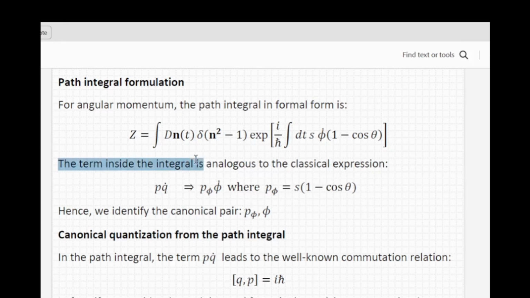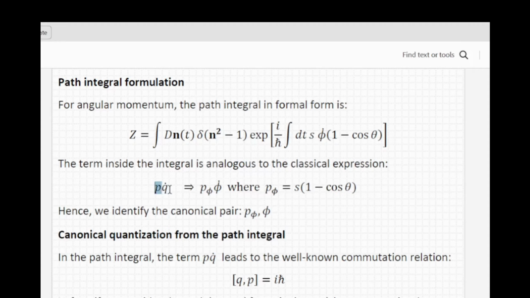Now, the term inside the integral is analogous to the classical expression p q dot. So if you consider a generic particle, also in one dimension, for example, to consider a simple case, p q dot is the momentum of the particle multiplied by the derivative with respect to time of the position of the particle.